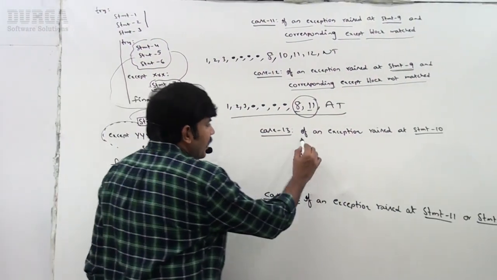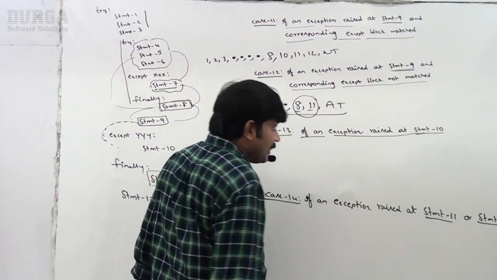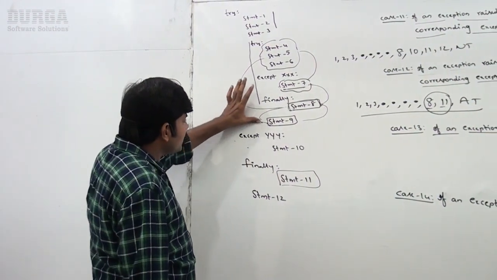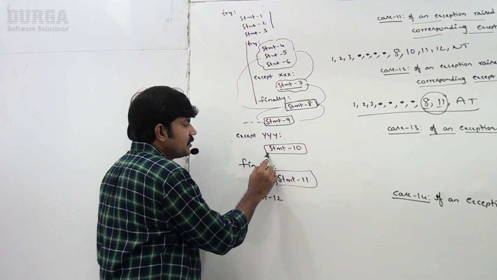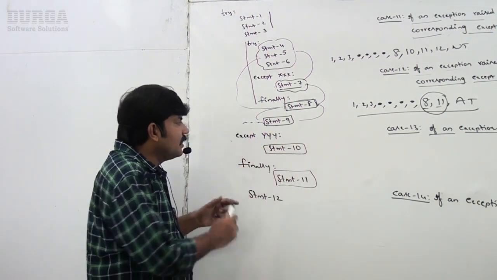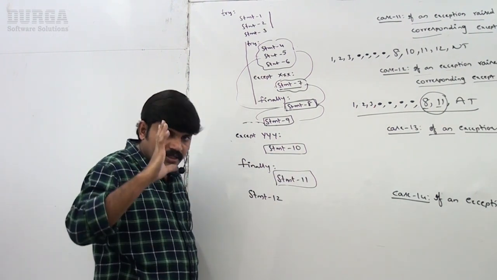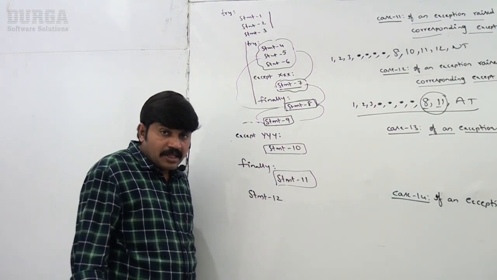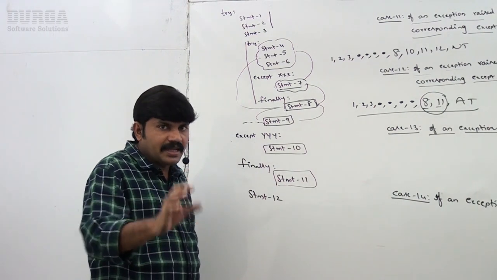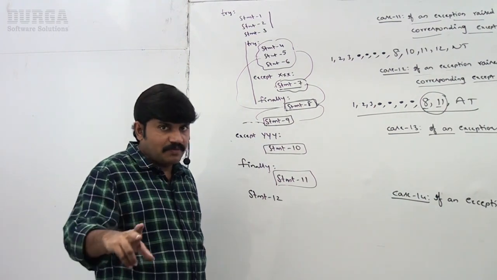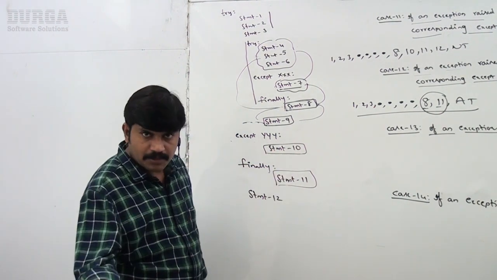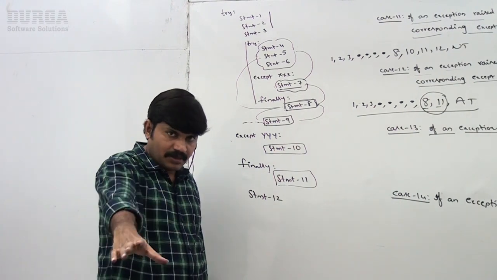If an exception is raised at statement 10, inside the outer except block, it is always abnormal termination. Remember what we covered in the last videos: if any statement raising an exception is not part of a try block, there is no except block, and no except block means abnormal termination.